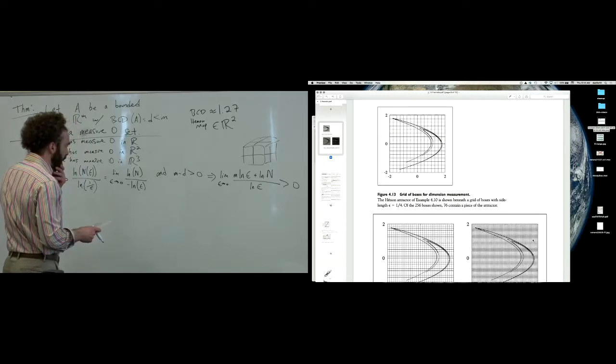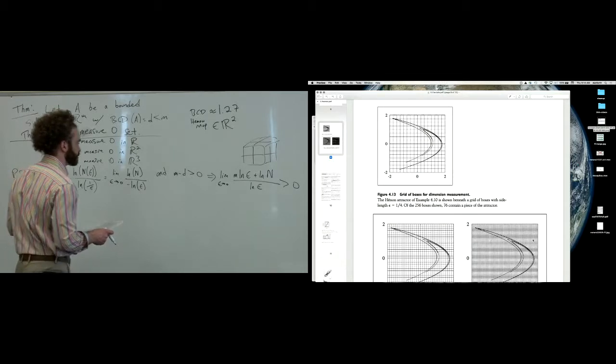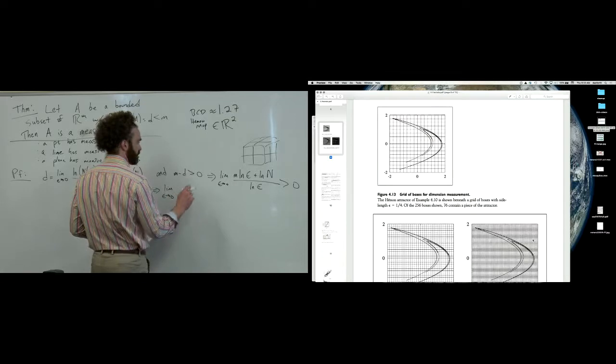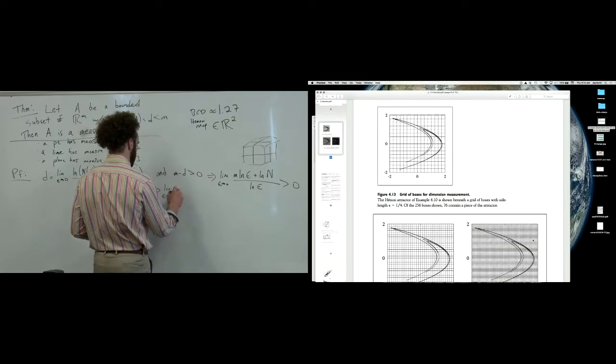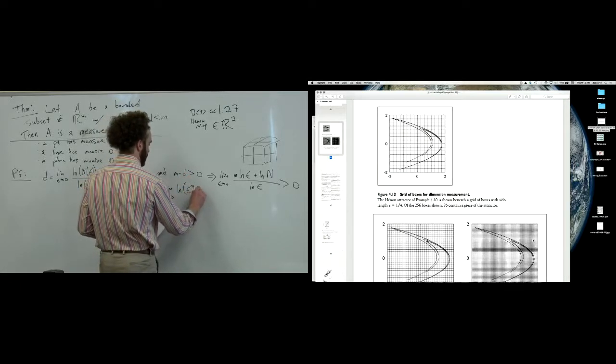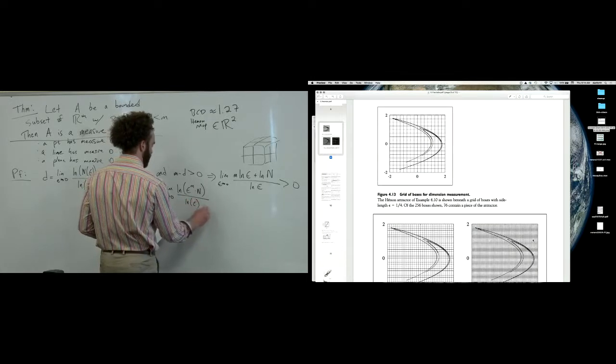And log rules say that if I have two logs that I'm adding up, I can stuff them together. So this is going to imply then that the limit as epsilon goes to 0 of, I'm going to make my numerator a little simpler, ln of epsilon to the m times n, divided by ln of epsilon. This is positive.